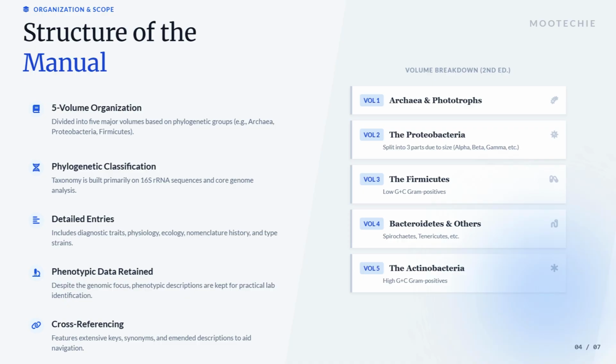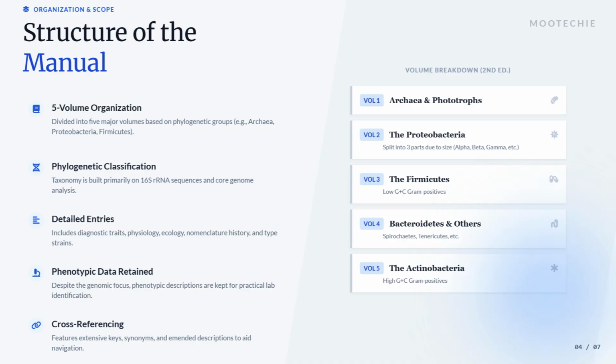Each entry is detailed, including diagnostic traits, physiology, ecology, nomenclature history, and type strains, providing a complete picture of each organism. Importantly, phenotypic data is retained. Despite the strong genomic focus, traditional descriptions of physical and biochemical traits are kept to aid in practical lab identification.